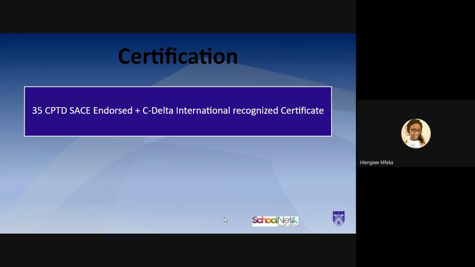Now, when you take part, there is certification that we add to our benefits. When you complete the course, that is, you write the pre-test, you study the course, you complete your post-test, then you receive the CDelta International Recognized Certificate, and then you also obtain a SACE endorsed certificate with a whopping 35 CPTD points.